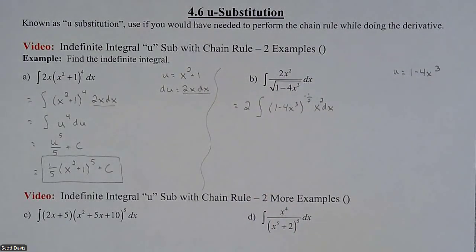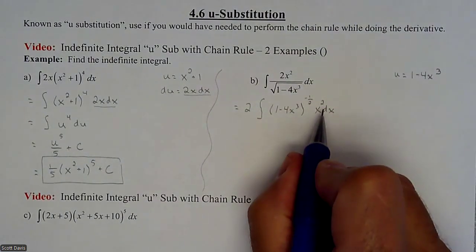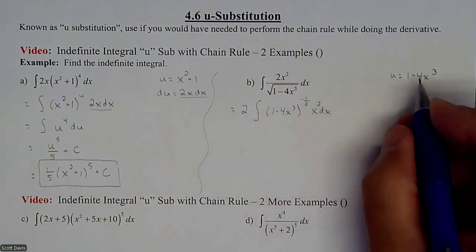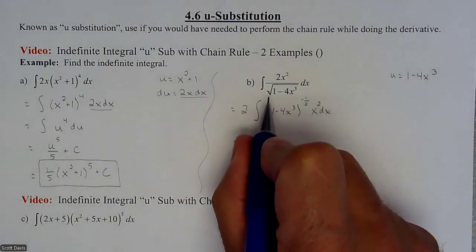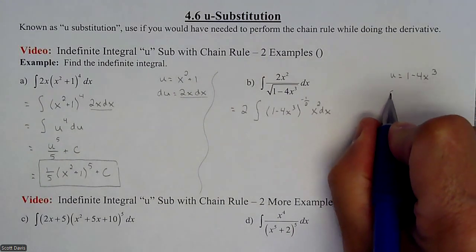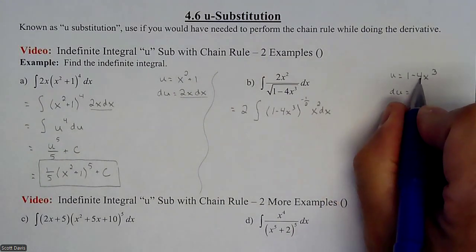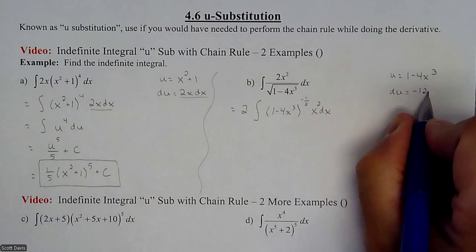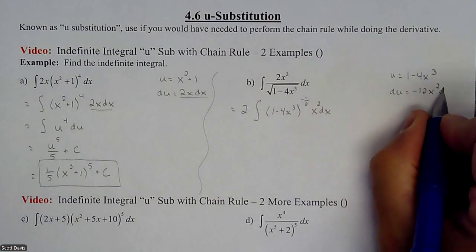What ends up happening is if this is a u substitution, and I take this u that I believe is going to be my u because it's the inside, and if I do the derivative of it, du equals negative 12x squared dx.